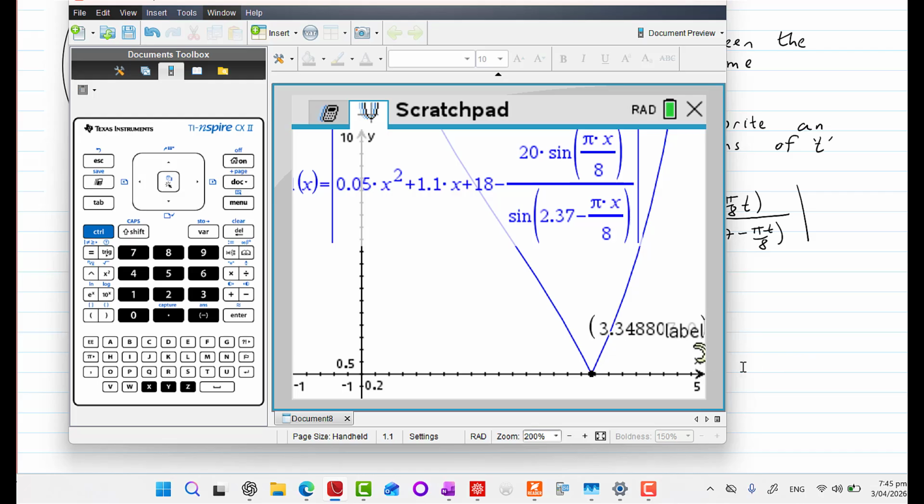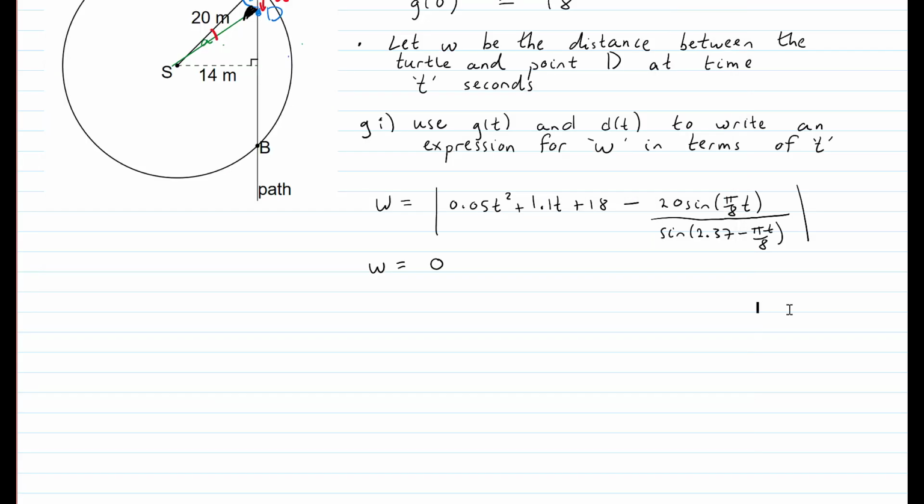And there it is, 3.34880 and so on. So we'll note that down. So for this function W to equal 0, then t must equal 3.34880 and so on. So to three significant figures, that is 3.35.